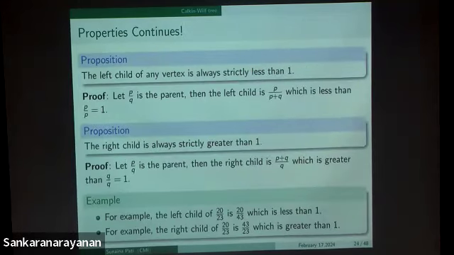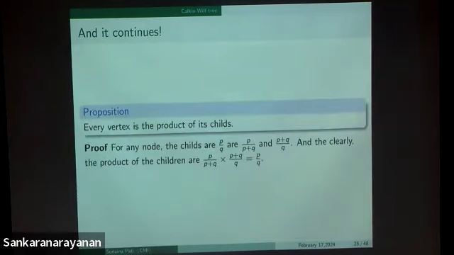The left child of any vertex is always strictly less than 1. And the right child is always greater than 1. Yes, this is an example. We don't really care about it. Every vertex is the product of the children. That is correct. Simple algebraic multiplication.